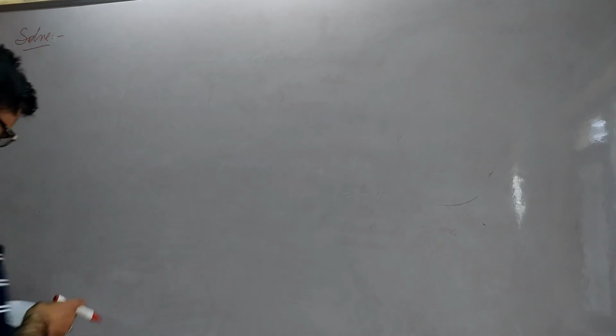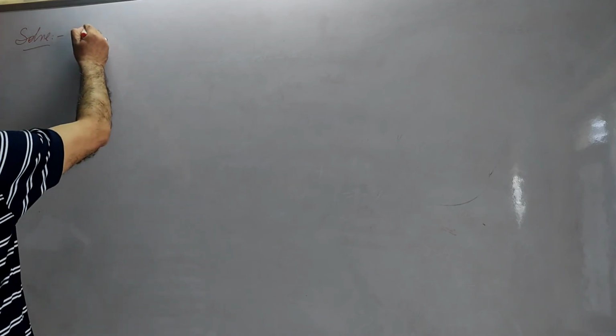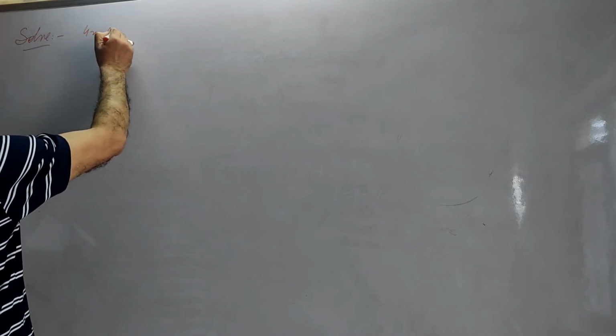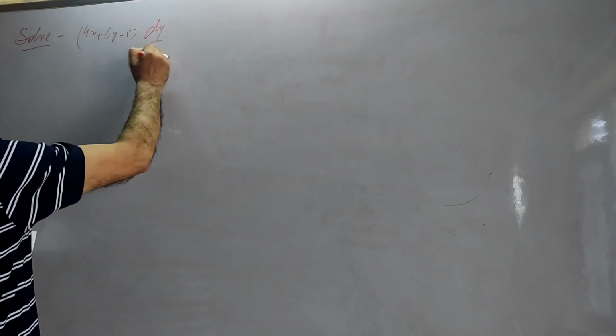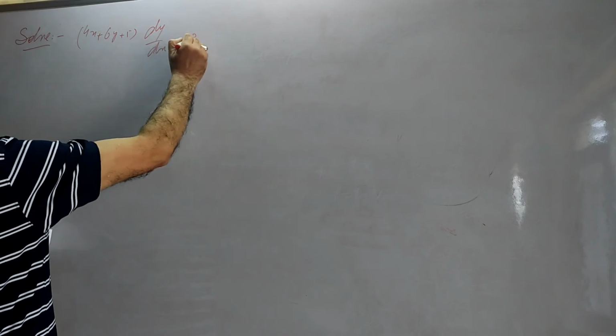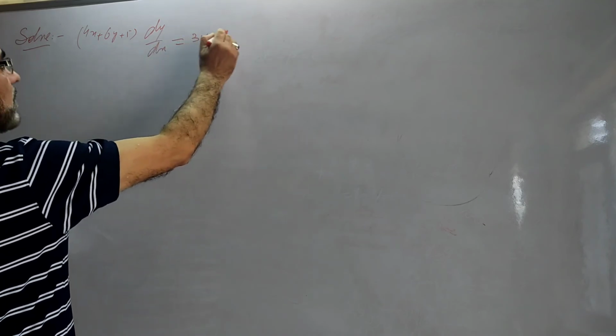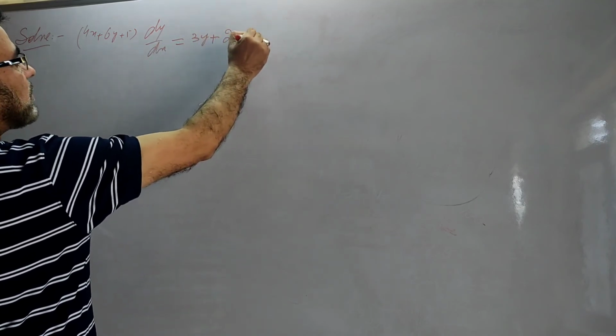Solve the differential equation: (4x plus 6y plus 5) dy by dx is equal to 3y plus 2x plus 4.